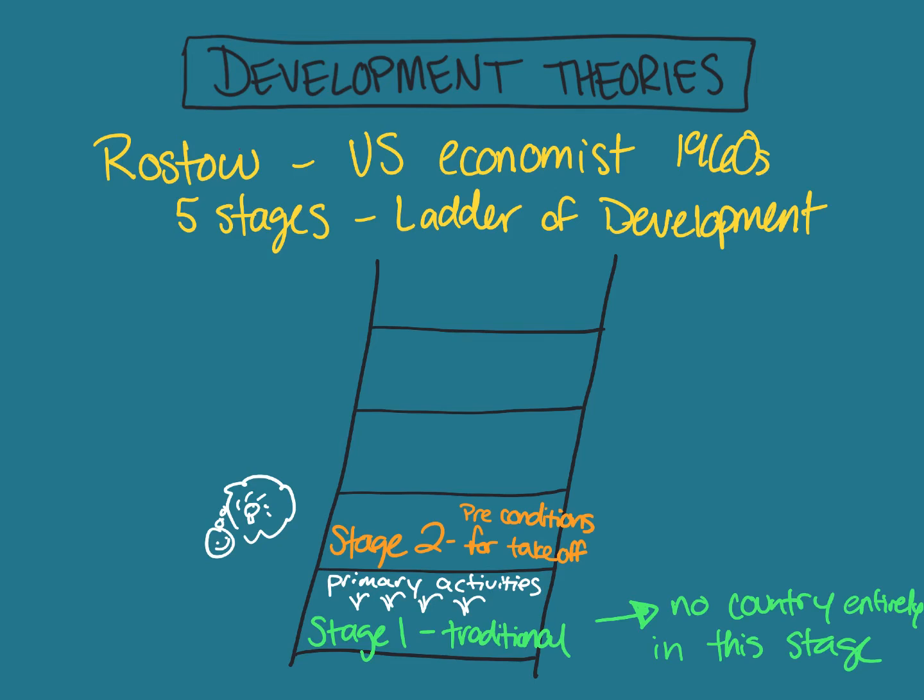In stage 2, this is where you start to figure out, I have a lot of something. Maybe I have the right environment, climate, and soil to produce a lot of cotton or wheat, some sort of agricultural product, or maybe you have good natural resources, like access to copper or oil that you can drill for.